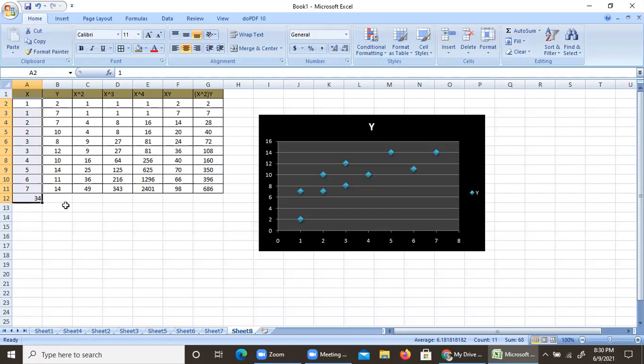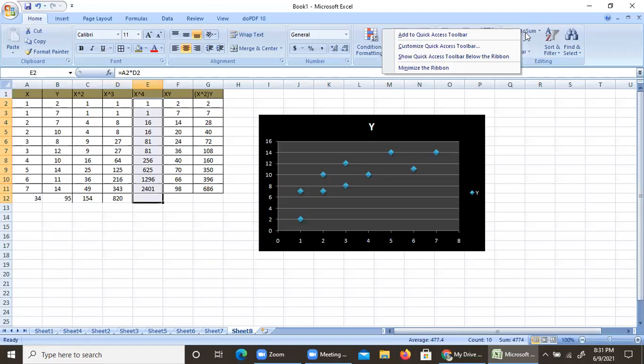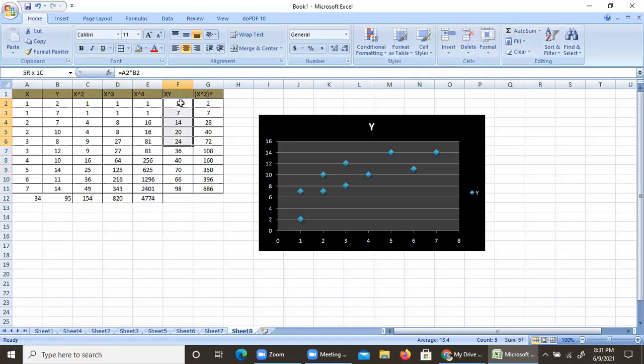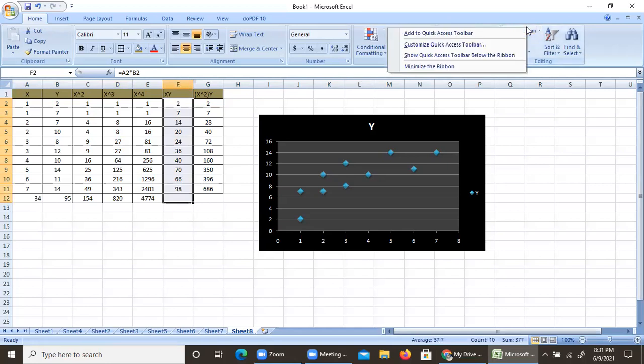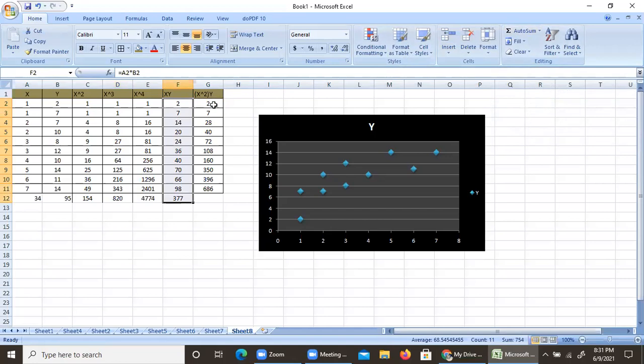This is summation x, the next one is summation y, this will be summation x squared, summation x cube, summation x to the power 4, summation xy, and summation x squared y.